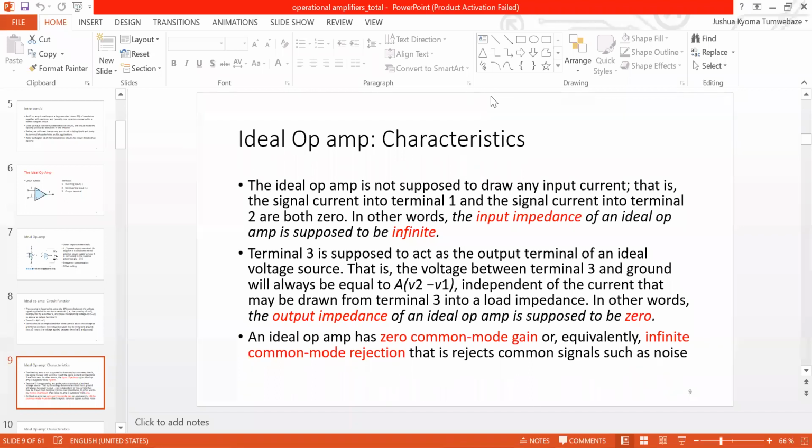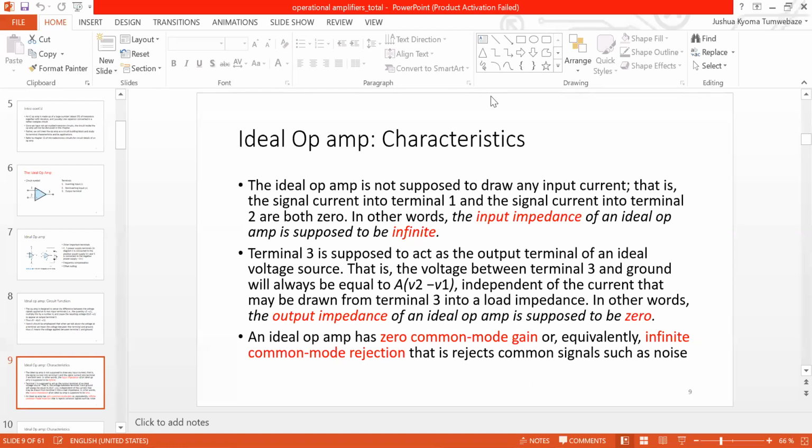Now, if we want to use the op amp in a circuit, we have to understand the way it operates, that is, its characteristics. There are about 5 characteristics of the ideal op amp. The first one is that the input impedance of an ideal op amp is infinite.